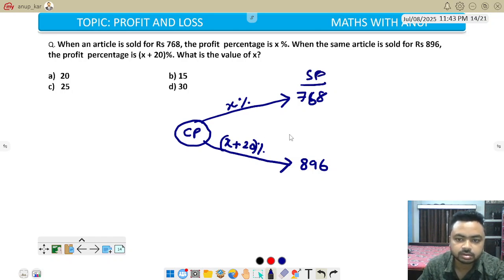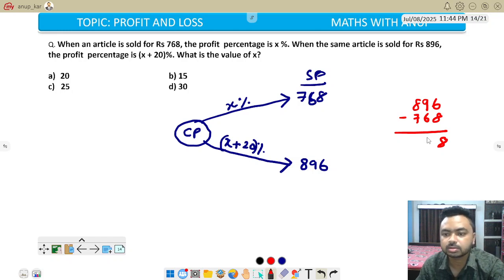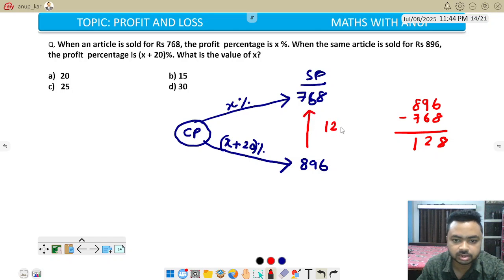One thing we should know is that the difference between the selling prices corresponds to the difference between the profit percentages. So what difference do we get? 896 minus 768: 16 minus 8 is 8, 8 minus 6 is 2, and 1, so 128.